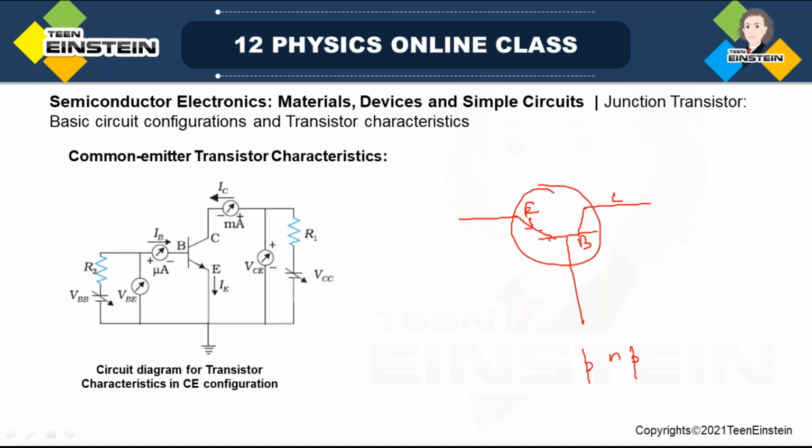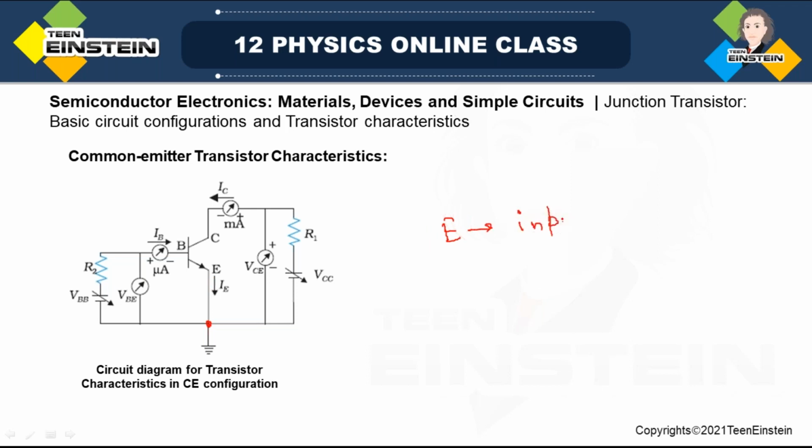We have taken the emitter as common, which I have grounded. So this is common emitter. Common emitter means I'll be using this emitter both at the input junction, when I do input biasing, and at the output, when I do output biasing.